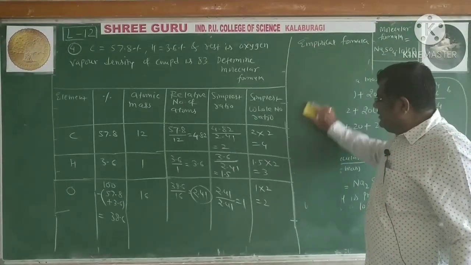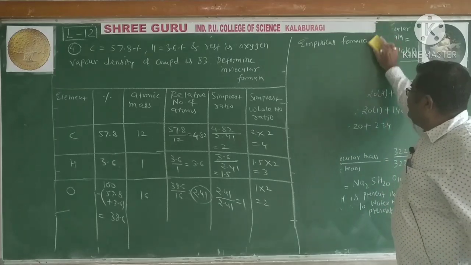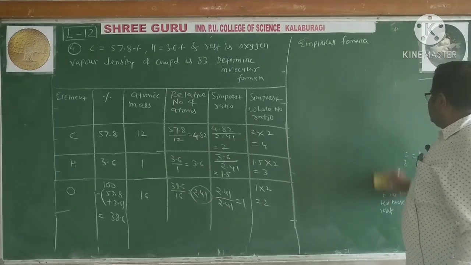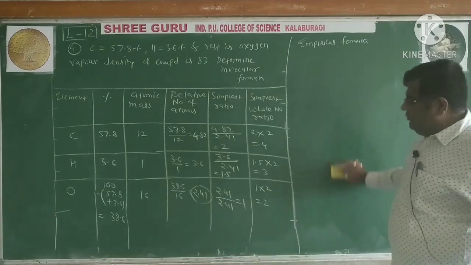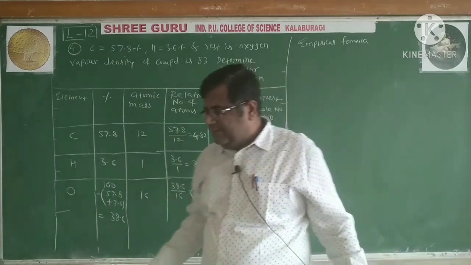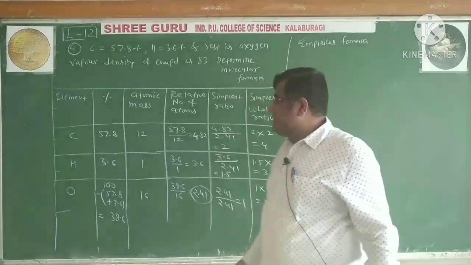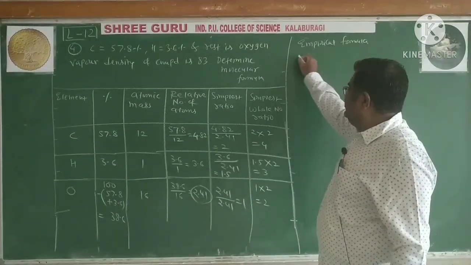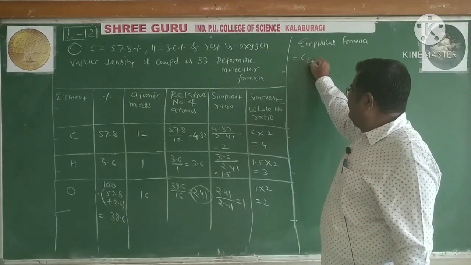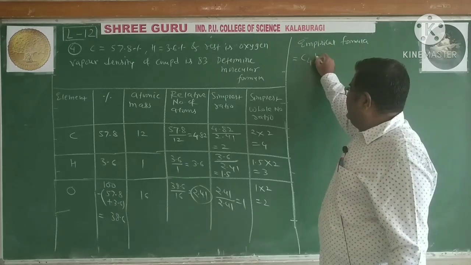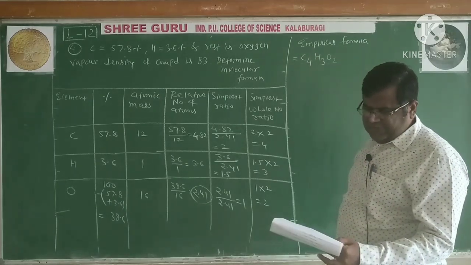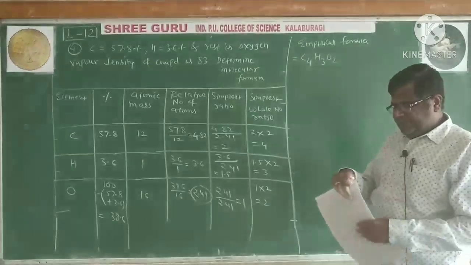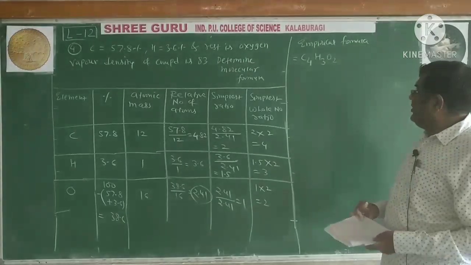We can easily write the empirical formula now, because we know how to write that: the symbol of elements and subscript of the simplest whole number ratio. C4H3O2 is the empirical formula.